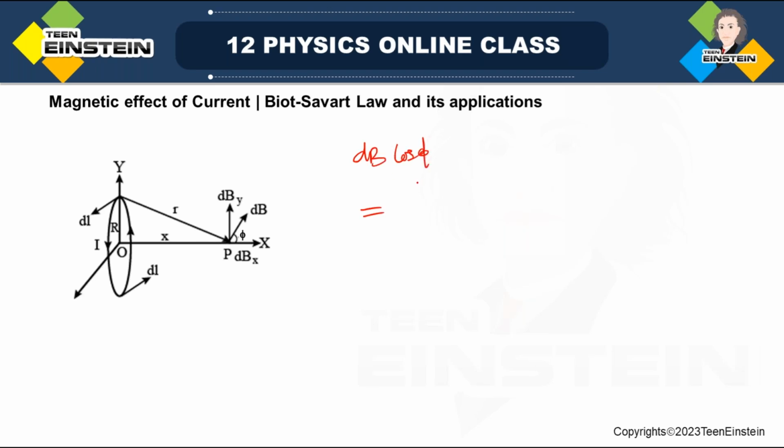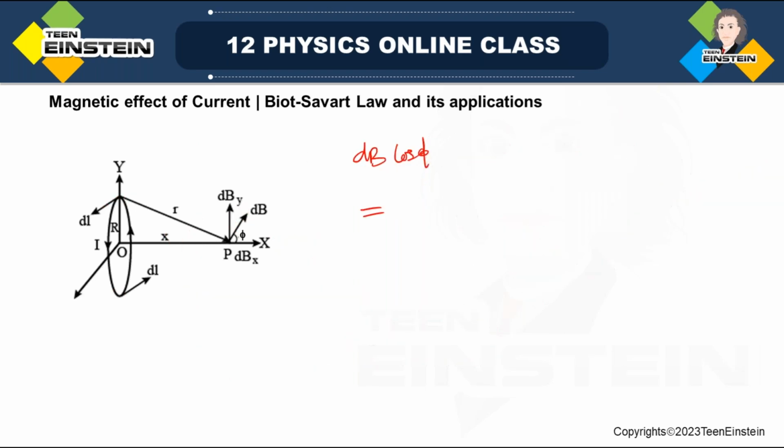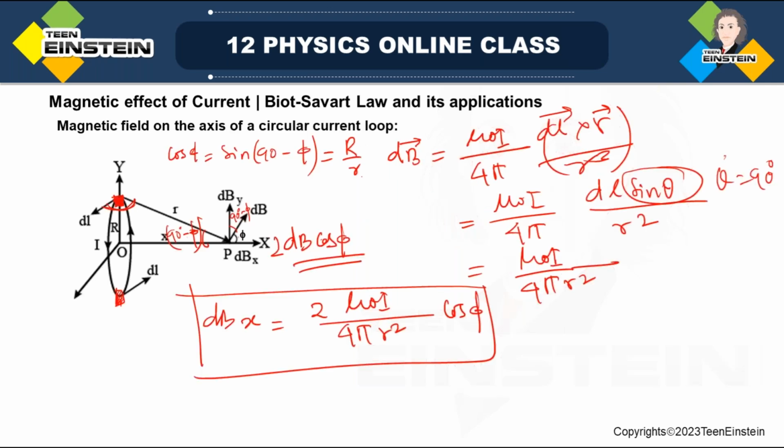This gets me mu 0 I by 4 pi, cos phi is x by r.